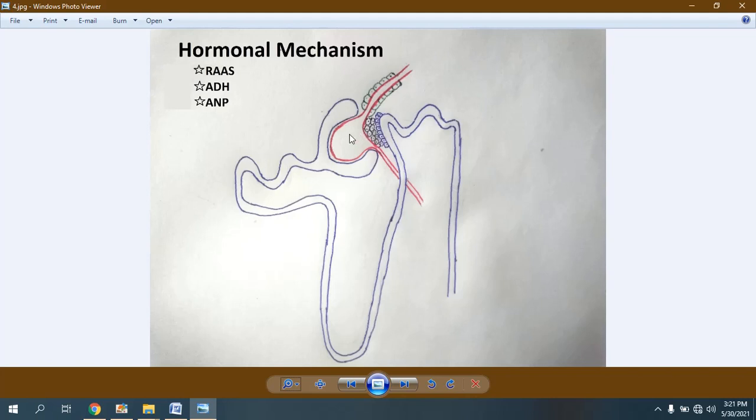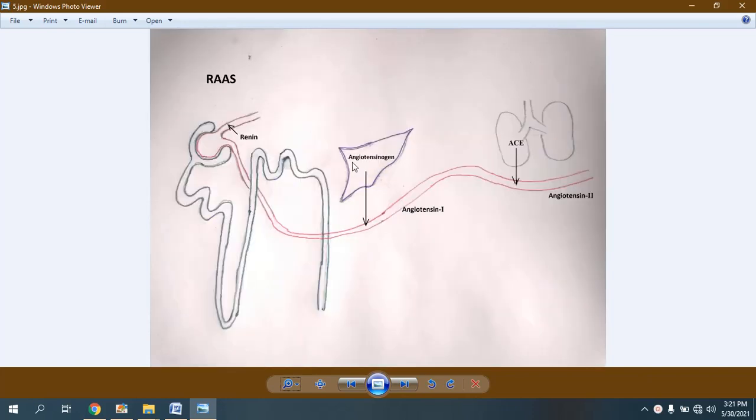When the renin is secreted into the blood, what will happen? That renin will be transferred through the glomerulus and the efferent arteriole, and will go toward the systemic circulation. As you know, angiotensinogen is the inactive precursor of angiotensin 1.